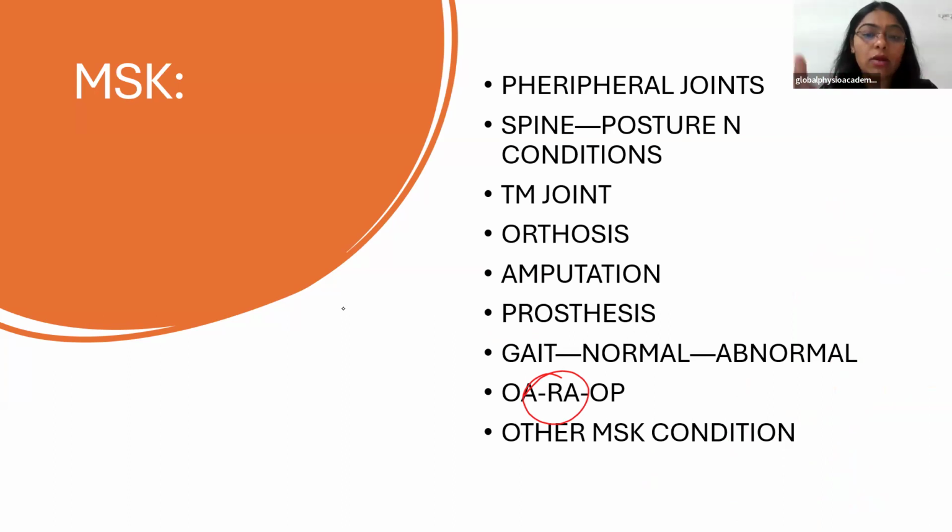But before that, what is the difference between OA versus RA? OA morning stiffness is less than 30 minutes. Rheumatoid arthritis morning stiffness is greater than 30 minutes, approximately 1 hour. Osteoarthritis is cartilaginous involvement. Rheumatoid arthritis is synovial involvement. Rheumatoid arthritis is a systemic disease. So that concept must be thorough.